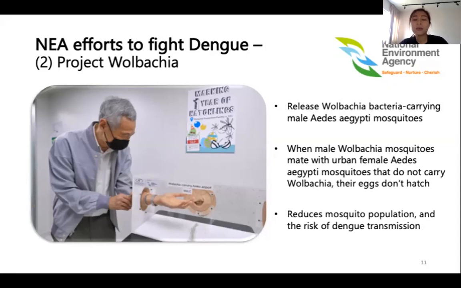In Singapore, this project will release male Aedes aegypti mosquitoes carrying this bacteria, hoping that they will mate with the urban female Aedes aegypti mosquitoes and pass the bacteria on. When the females carry these bacteria, their eggs do not hatch. And therefore, this greatly reduces the Aedes mosquito population and therefore the risk of dengue transmission.